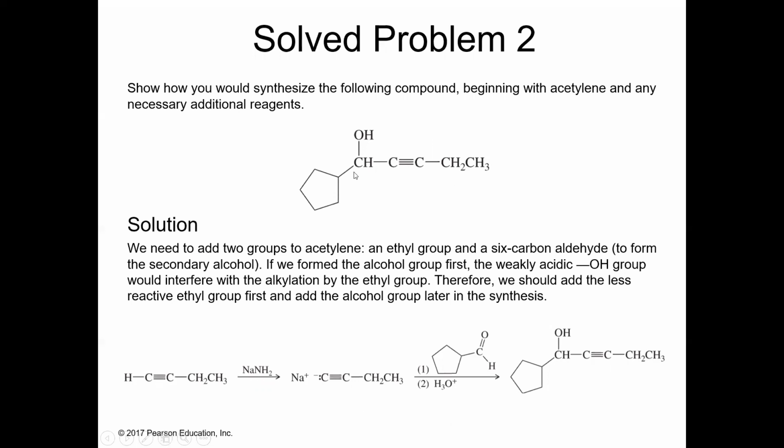We deprotonate that, and then, working backwards, we would convert this to the aldehyde. So this attacks the carbonyl. It gives us a CO single bond, and then we protonate that to give the alcohol of the desired product.